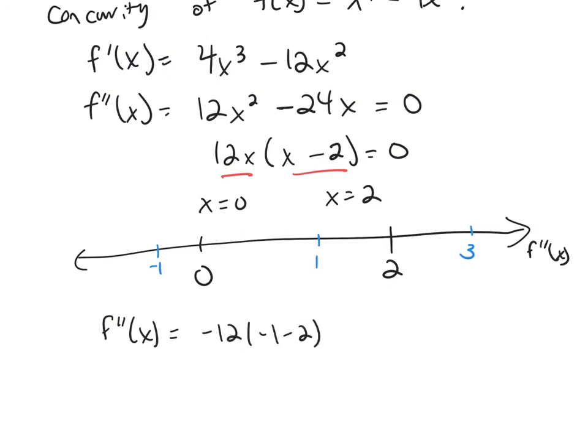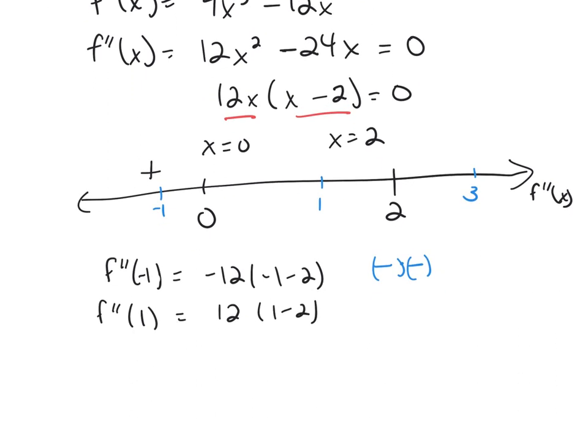It'll be a negative times a negative, which overall is positive. If I plug in 1, I'll get 12 times 1 minus 2. It'll be a positive times a negative, so negative. And if I plug in 3, I'll get 36 times 3 minus 1. Positive times positive, positive.